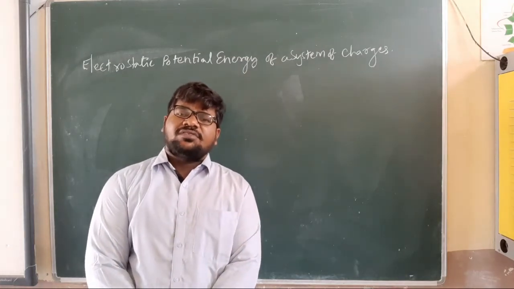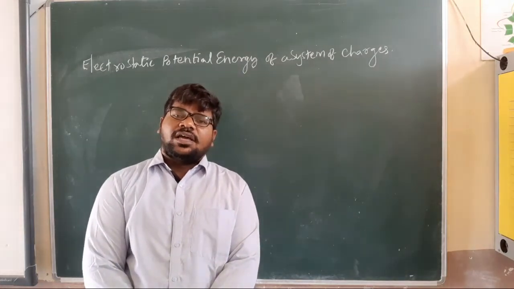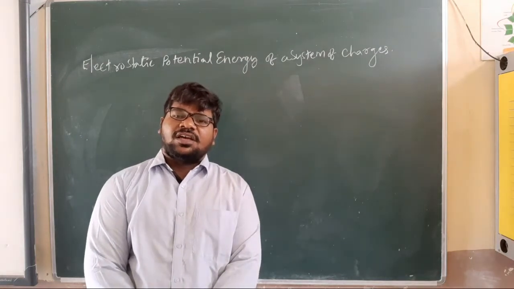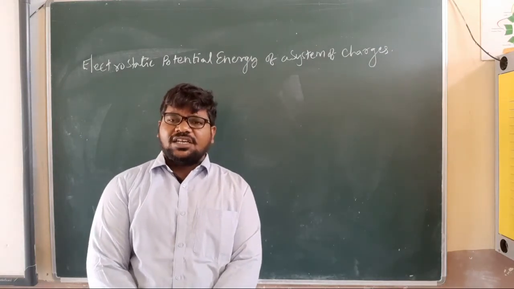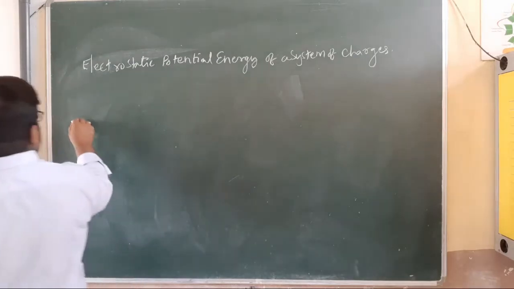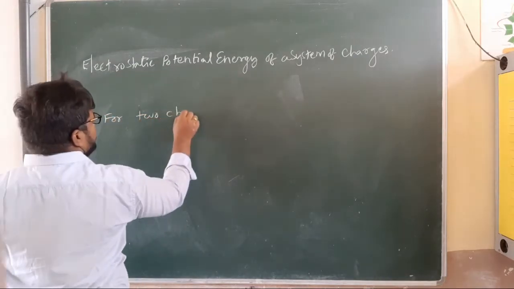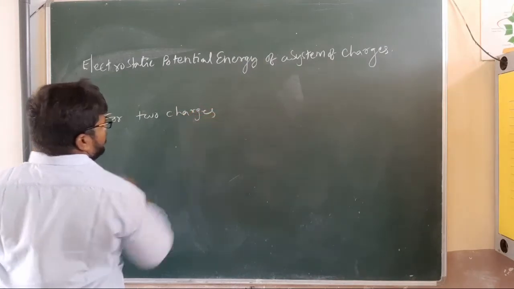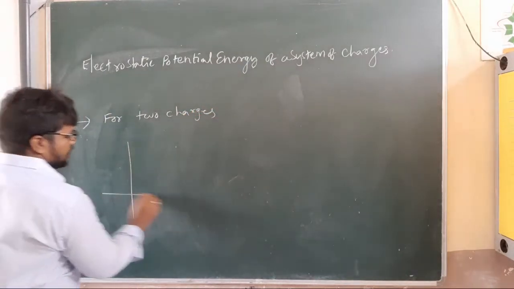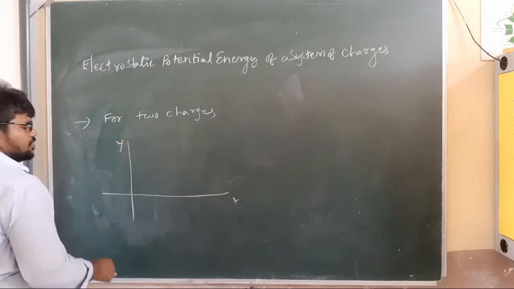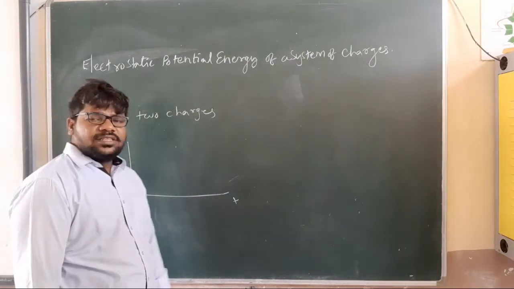So, coming to the derivation for the electrostatic potential energy of a system of two point charges. Consider the x and y axes, and this is the origin.